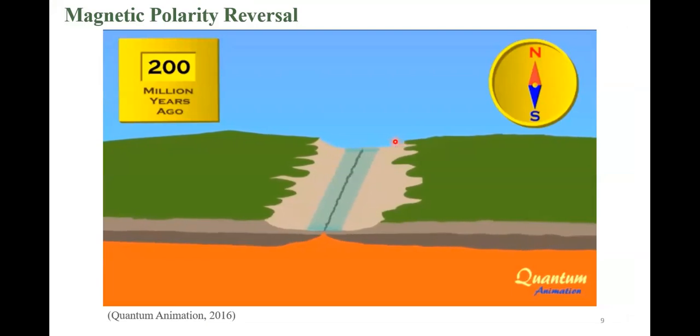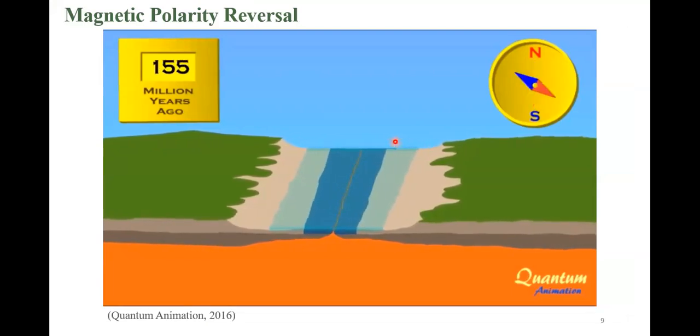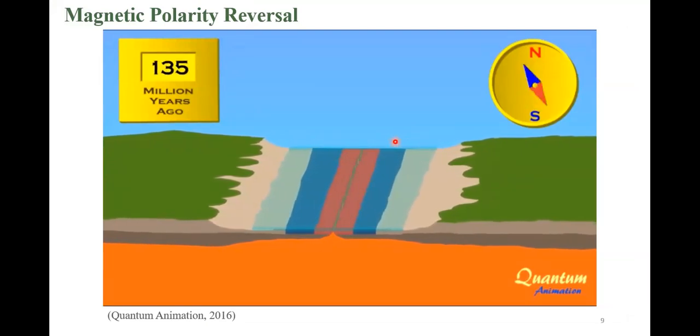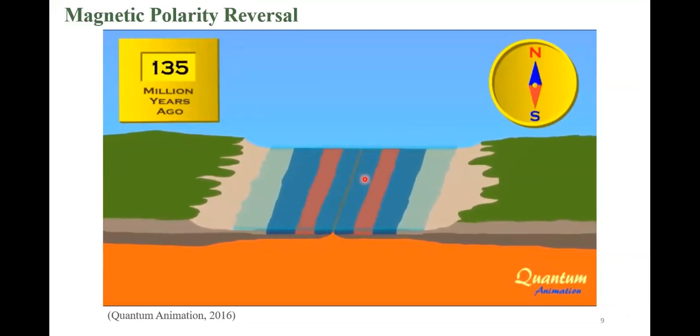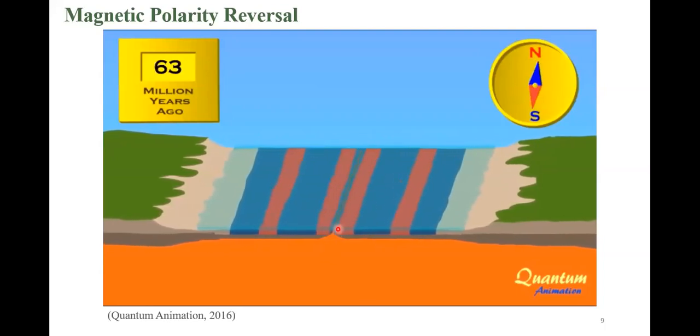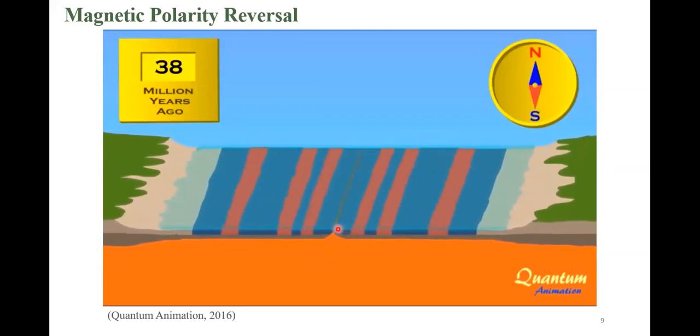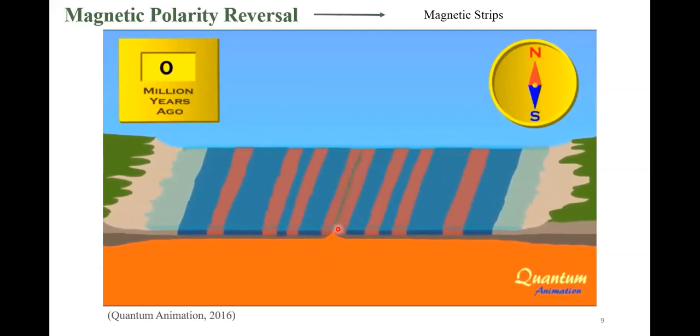This magnetic polarity reversal occurs at different intervals of time, and the rocks generated at the oceanic spreading ridges can record these polarity reversals, creating magnetic stripes.